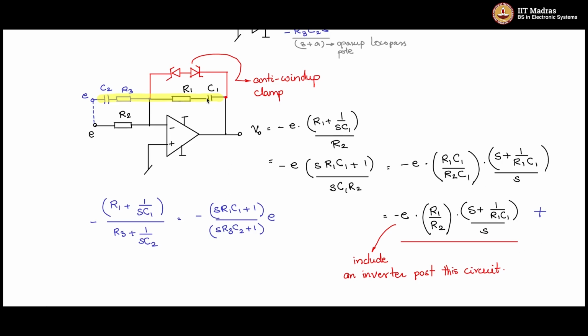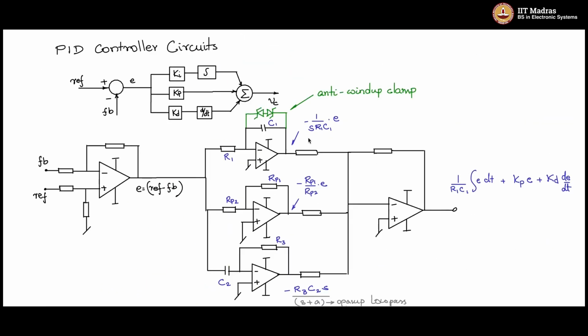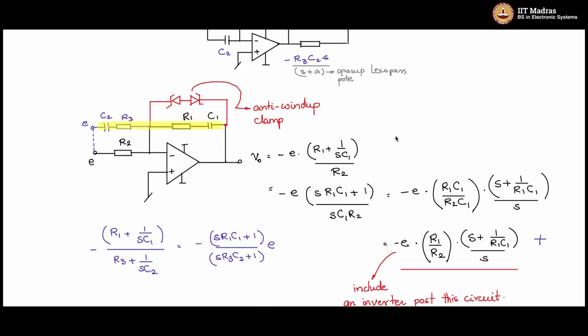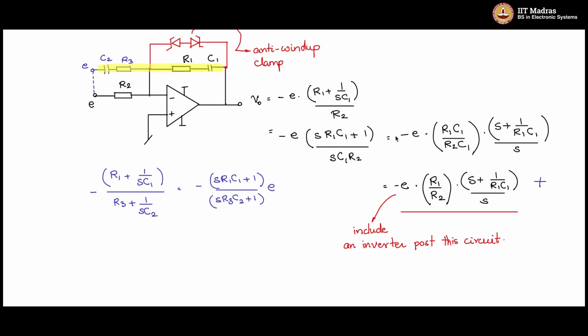So you can accordingly design the various R1, C1 resistances and capacitances to map to a design similar to this, or to map to the frequency plot that we had discussed and plotted while discussing the operation of the PID controller.